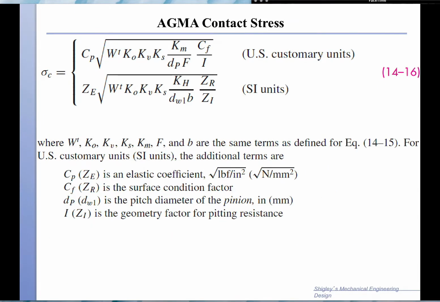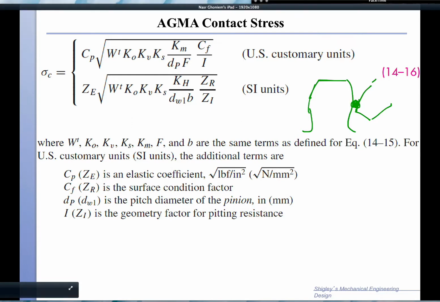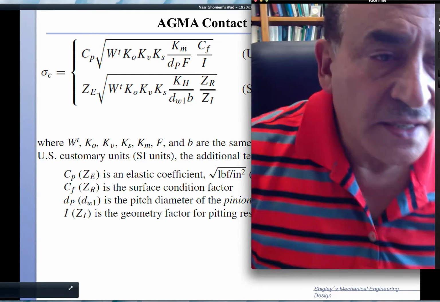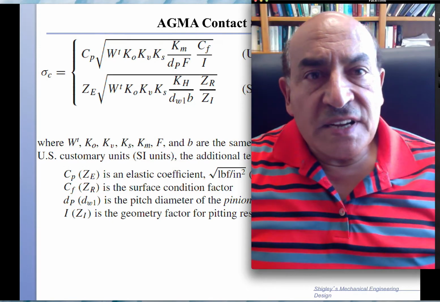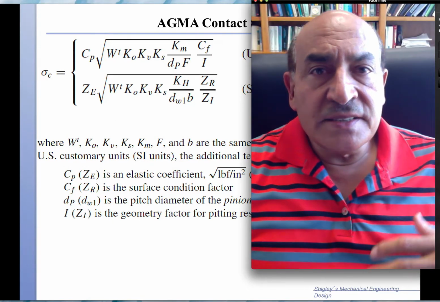For contact stress, as we know, there is very strong contact between teeth, and when we have this strong contact at contact points, then it is a contact stress, like a Hertzian type stress. And for the Hertzian stress, we have equations.